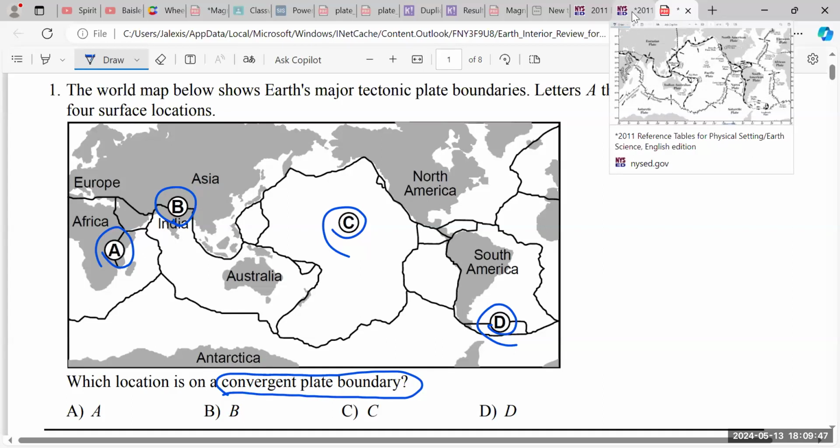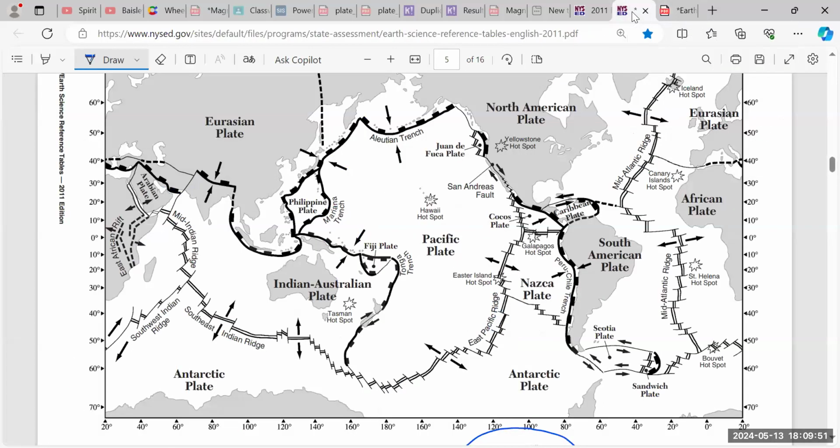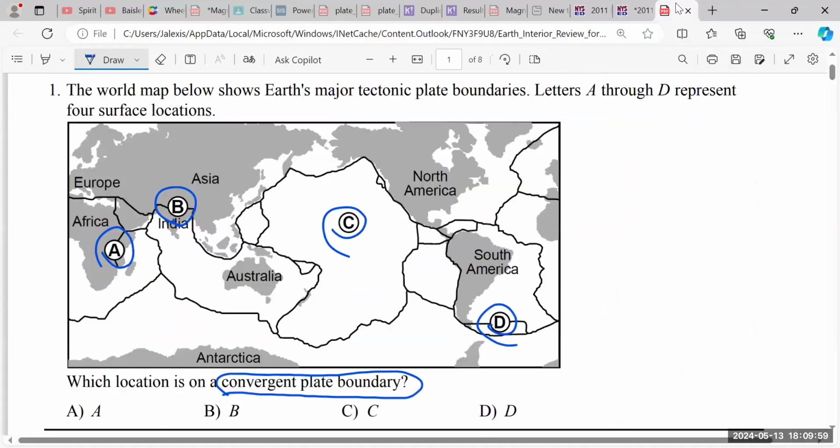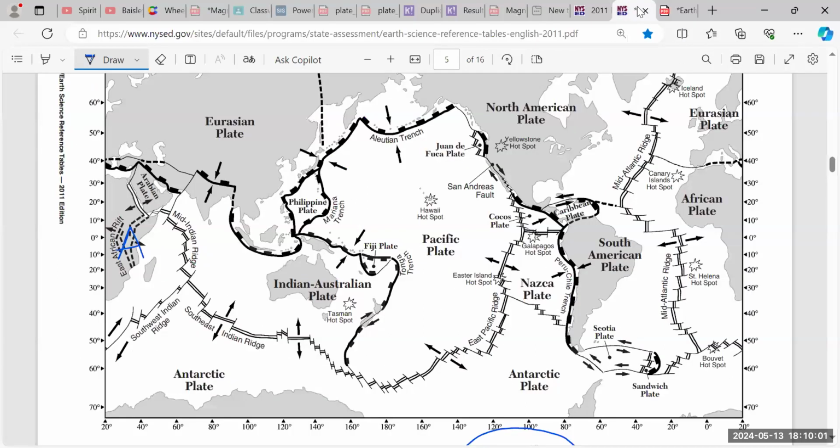So for example, the eastern part of Africa, remember, Africa was cut off, so A would be around here. B represents a part of India, right? And so B would be right here. C is the middle of the Pacific Plate.